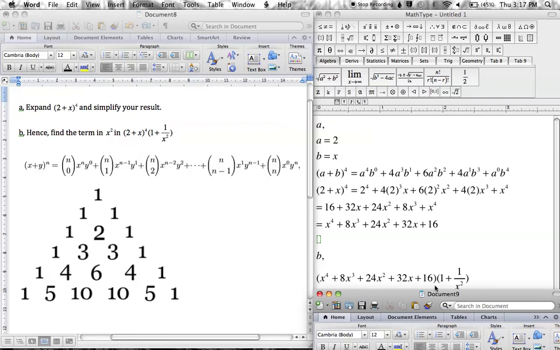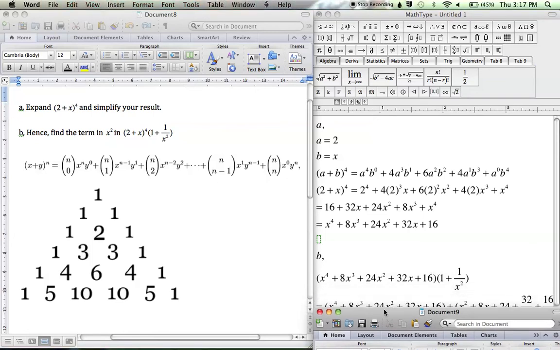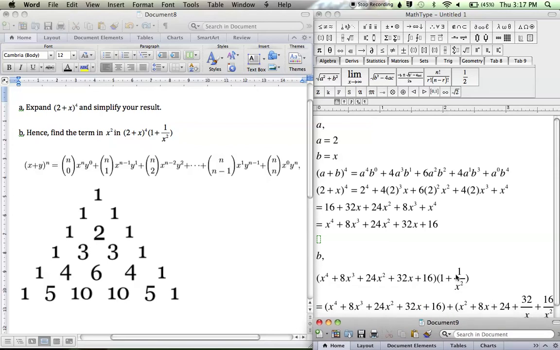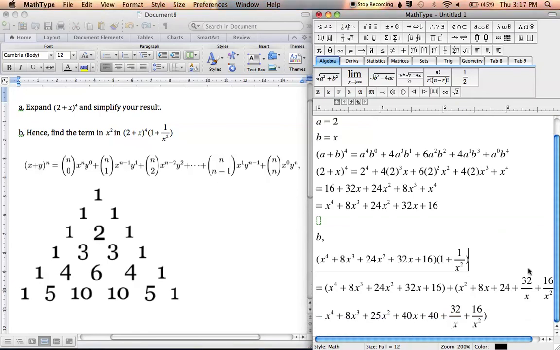And when you multiply that, I wrote the expansion down here. So when you multiply 1 by the expansion, you get this. And then you also have to multiply the whole thing by 1 over x squared. Now when you multiply it by 1 over x squared, it's the same as dividing it by x squared.